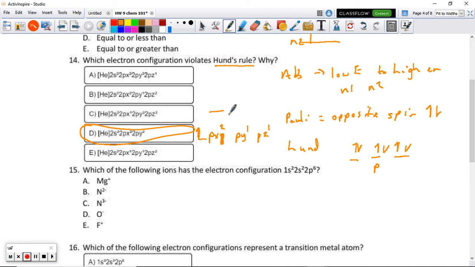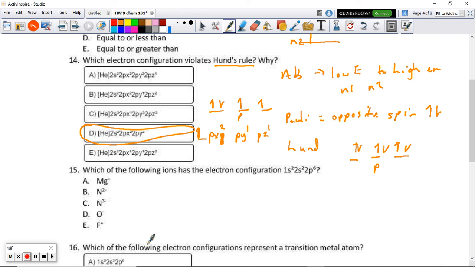Because when we're filling them, if we have 4 electrons to fill in the p, we would go up, up, up, down. So that one violates Hund's rule because it's trying to say that we filled 4 electrons in that one.